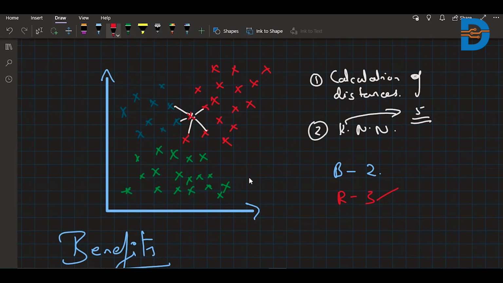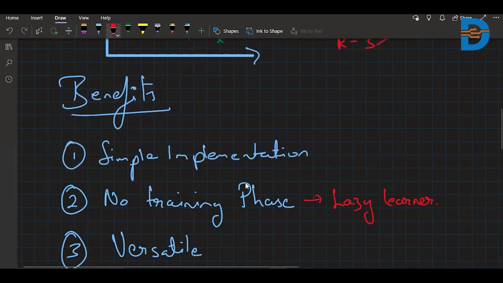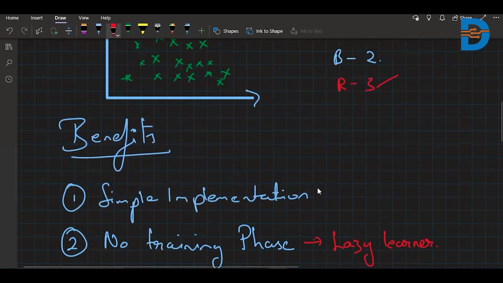With that being said, what are the benefits of this algorithm? First of all, as you would have seen, the implementation of the whole algorithm is very simple. It does not make assumptions about the distribution or normality of the data.